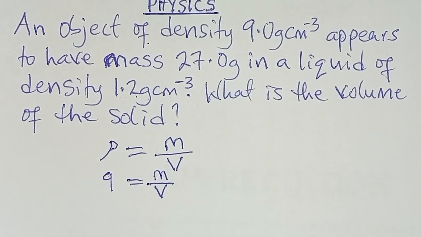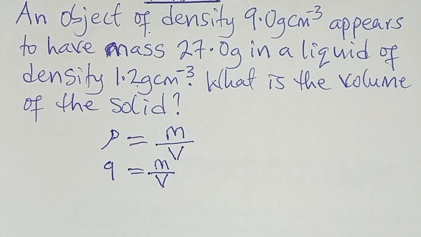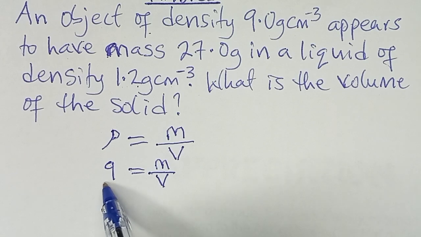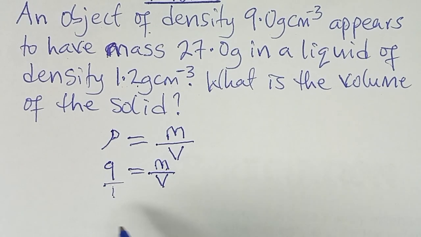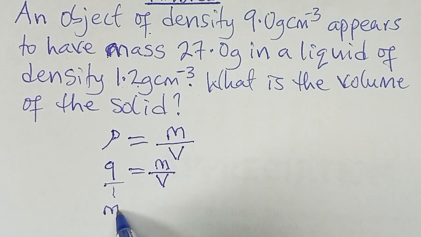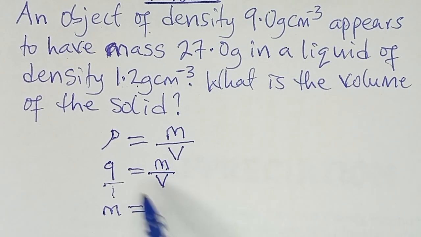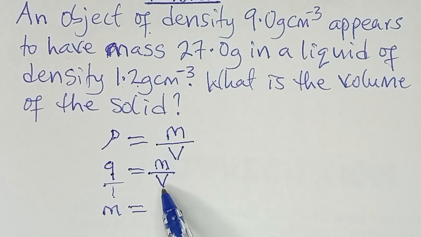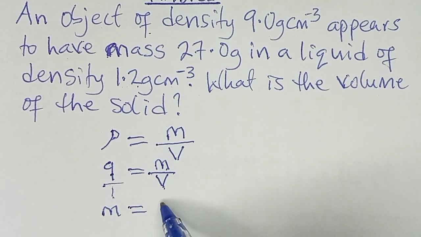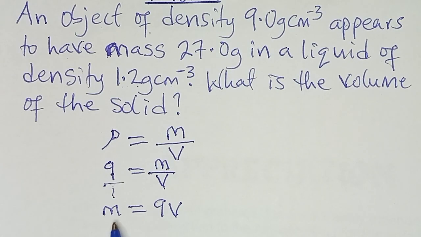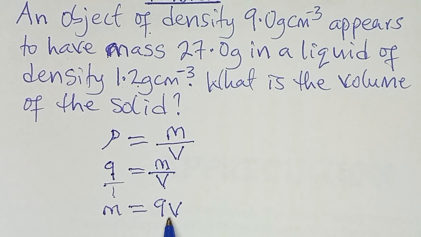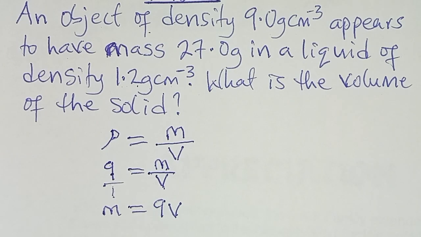If I cross multiply, this is like 9 over 1, so the mass multiplied by 1 gives the mass, m, and it's equal to the density 9 multiplied by the volume, v, which gives 9v. So we can take the mass of the object as 9v. That's the mass of the object.